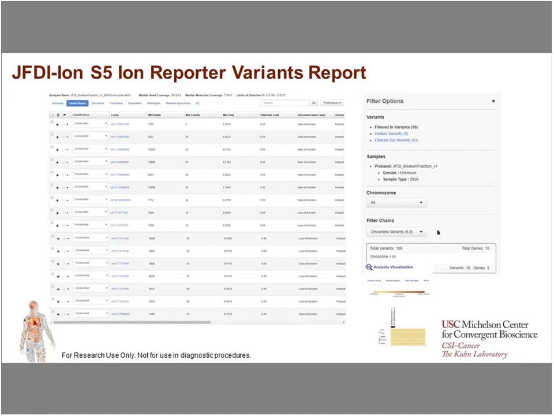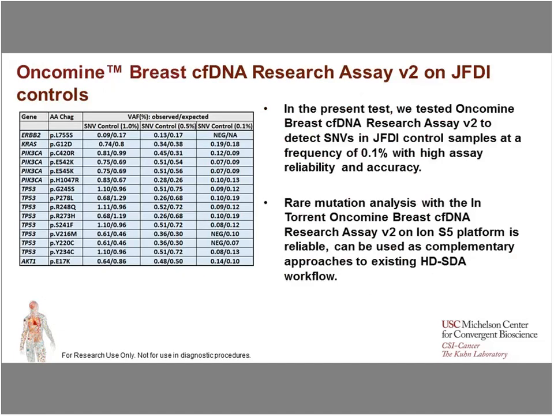So finally, here is the table for the 15 SNVs in 1%, 0.5%, and 0.1% control samples detected with the Breast Research Assay V2. For every variant, the observed VAF is shown side by side with the expected VAF provided by Thermo Fisher.